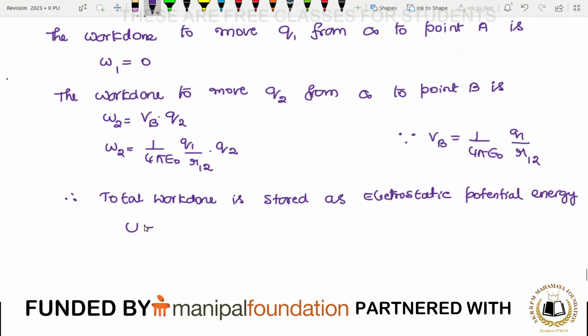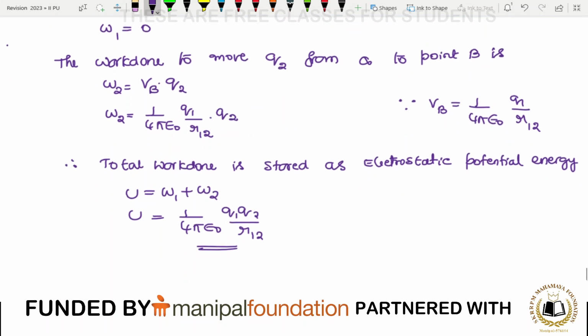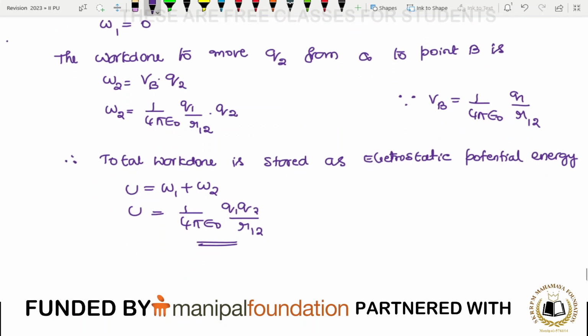So we can write U equal to W1 plus W2. That is, W1 is anyway 0, and W2 is 1 by 4 pi epsilon naught Q1 Q2 divided by R12. So U is equal to W1 plus W2, which is 1 by 4 pi epsilon naught Q1 Q2 by R12.